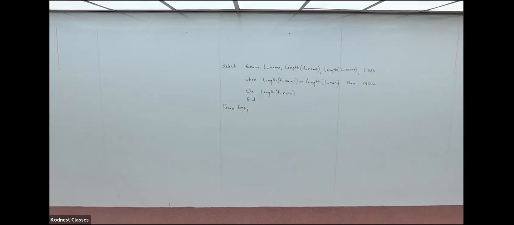The NVL2 function will replace null and not null values, that's it. It will not check whether the length is this or that. NVL and NVL2 check only for the presence of null values. If it is present, it will replace it with the alternate value. But here we want to compare some value, check for some condition, and then give the output.